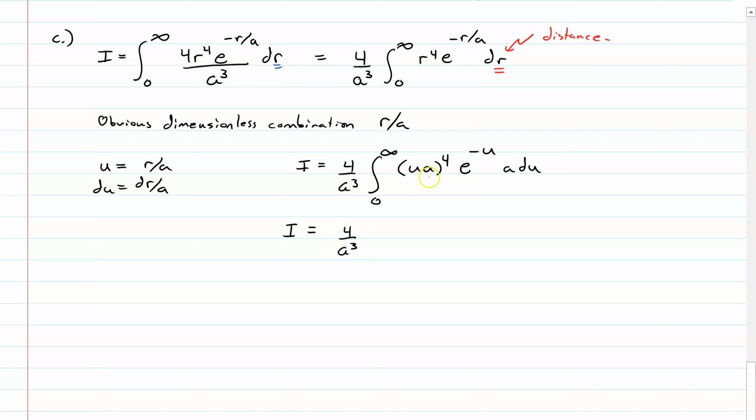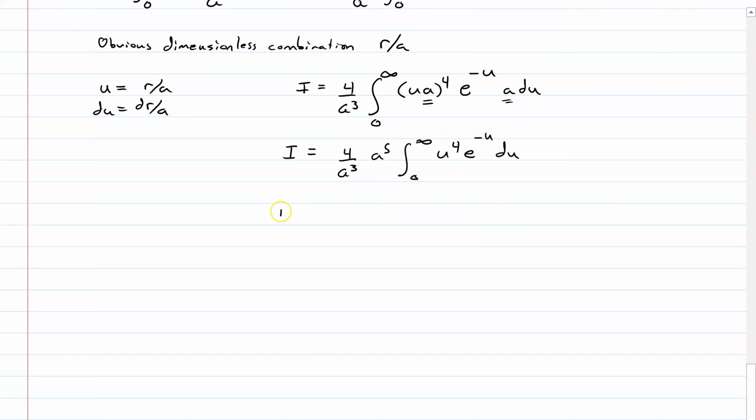How many a's do I have? I've got 4 here, and then another one here, so that's a to the 5th coming out front. Integral 0 to infinity, I've got a u to the 4, e to the minus u, du. Let me simplify it a little bit. I is equal to 4 a squared, integral 0 to infinity, u to the 4, e to the minus u, du.